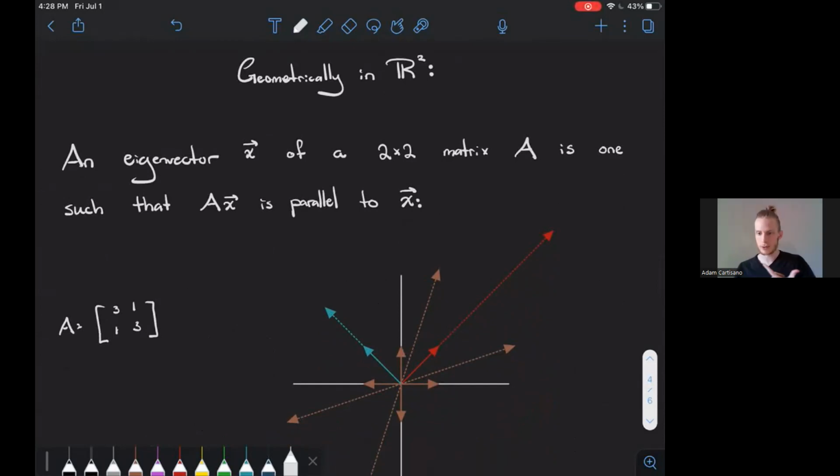Remember, Ax equals lambda x means that the output after multiplying your vector by A gives you a new vector, which is just a scaled version of the original one, but a scaled version of a vector is parallel, right? So remember, we had this matrix 3, 1, 1, 3. We took the red vector 1, 1, multiplied it, we got 4, 4, which is 4 times as long, but parallel.